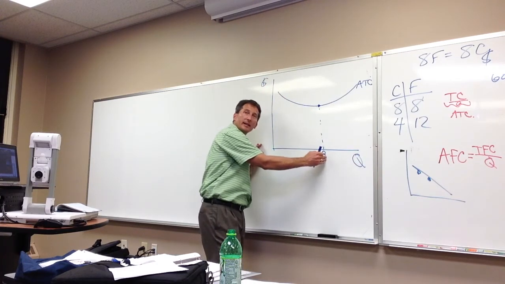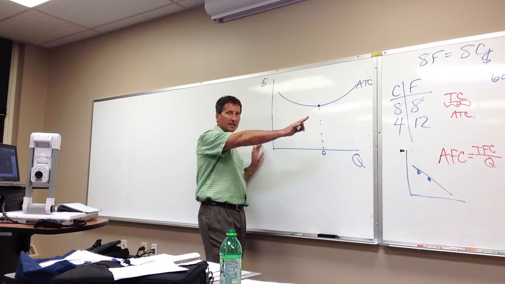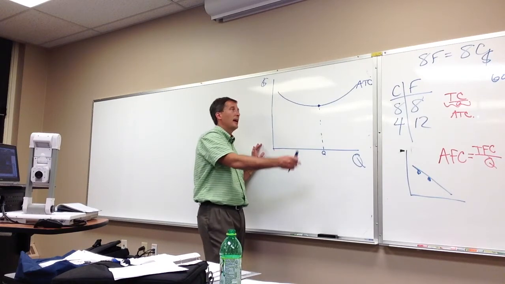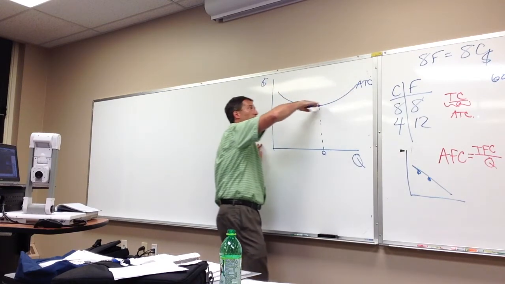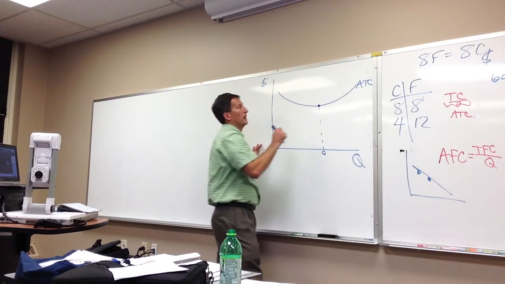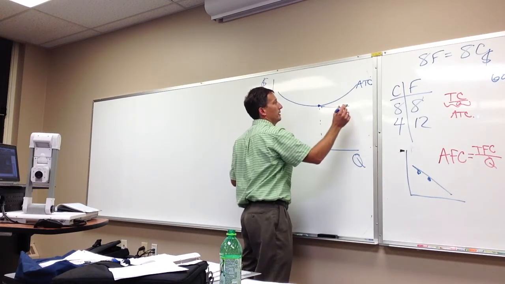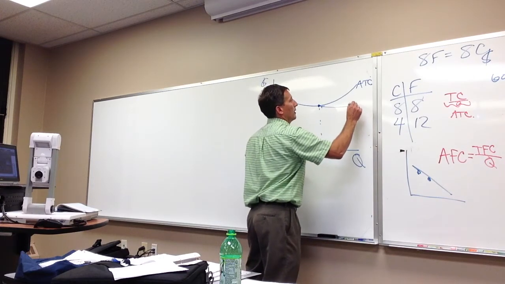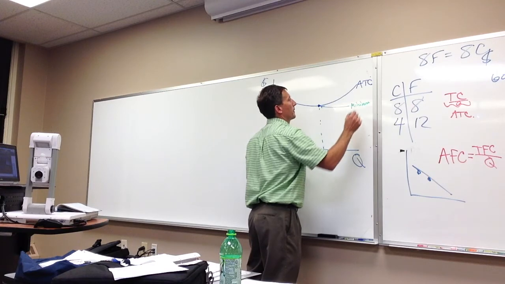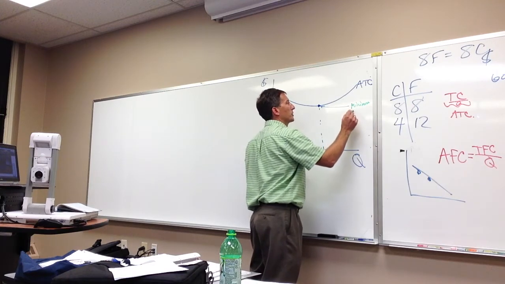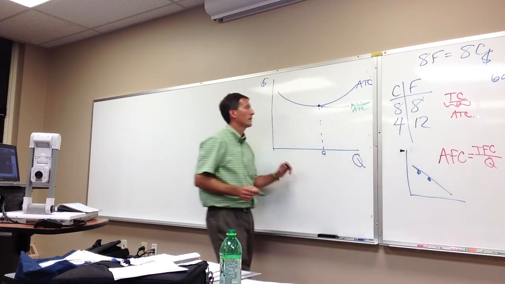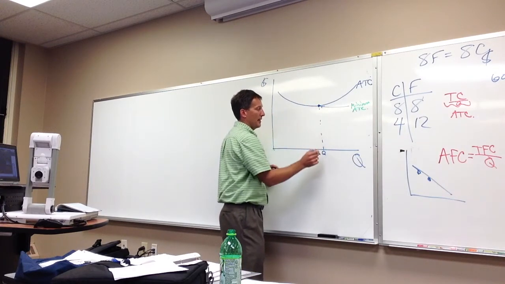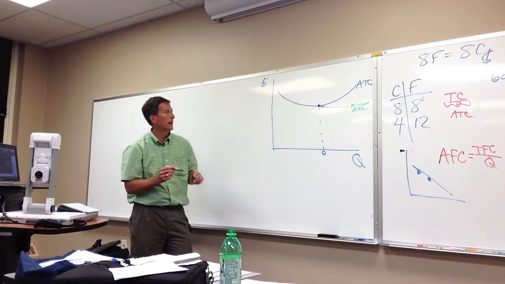At that quantity, given the size of the building, the insurance, and all those expenses, average costs are minimized. So this is a special point showing the minimum of average total cost. And you might want to just make sure you put that dotted line because it's at this quantity, whatever that happens to be.